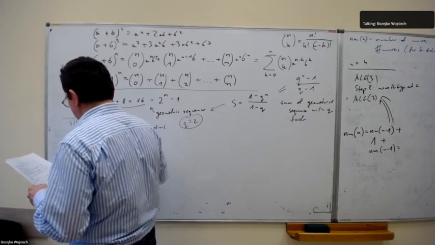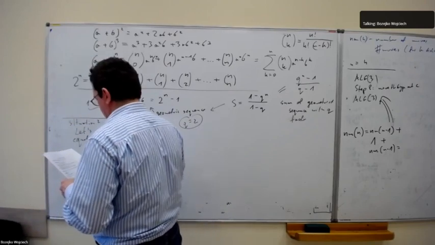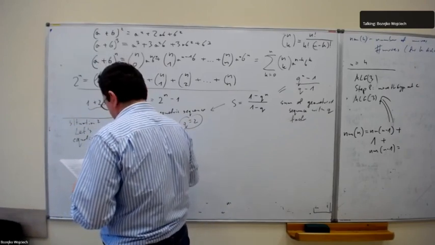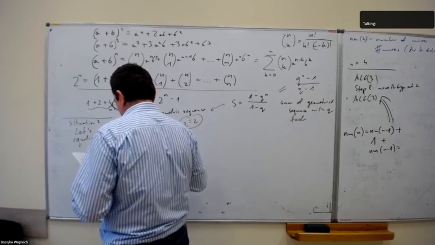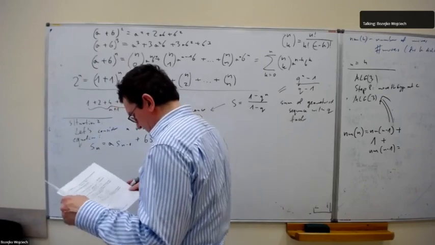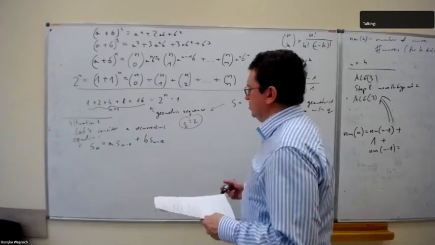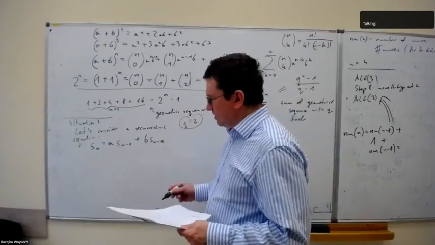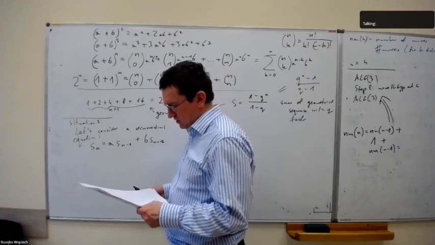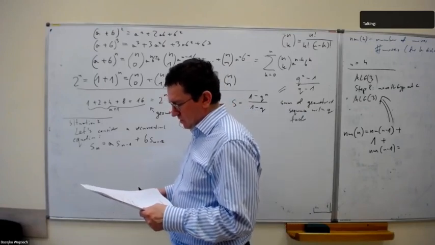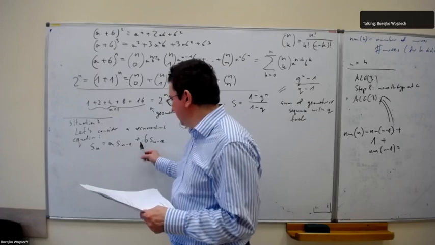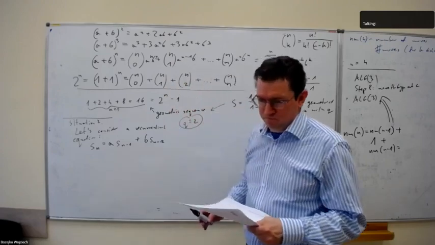Sn is a times Sn minus 1 plus b times Sn minus 2. So this is a generalization of the Fibonacci, because in the Fibonacci sequence we have only a and b as 1.